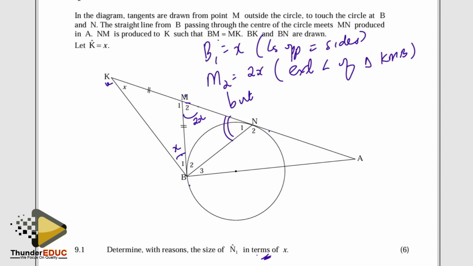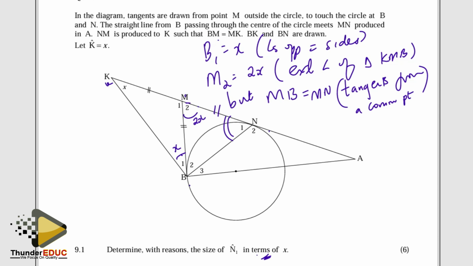But I know that MB is the same as MN. Reason: these are tangents from a common point, or from the same point. So if this is 2x, therefore B2 must be the same as N1.